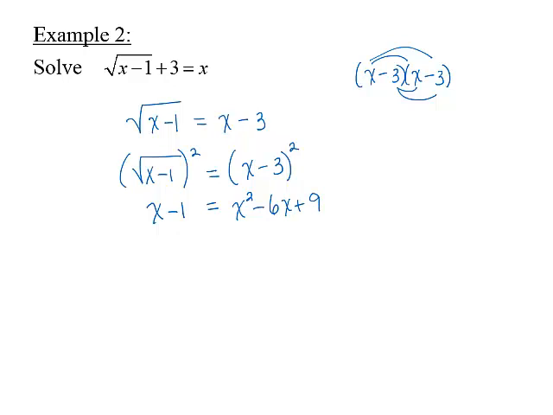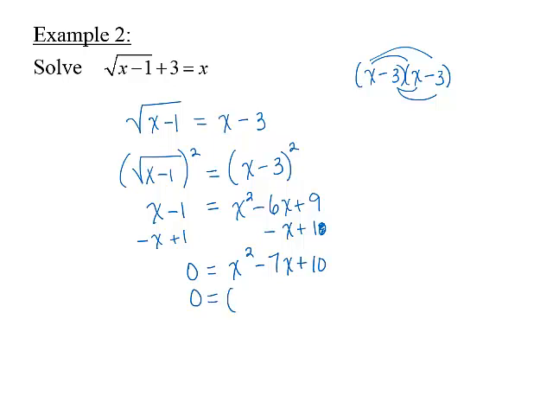This is a quadratic equation. We need to set one side to 0 by subtracting x and adding 1 to each side. This gives us 0 equals x squared minus 7x plus 10.